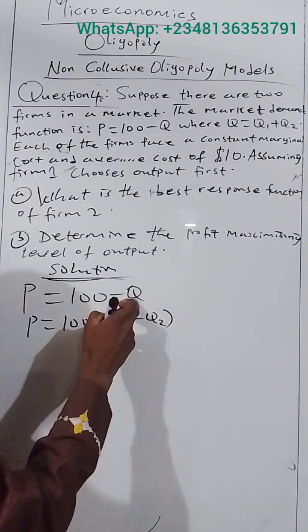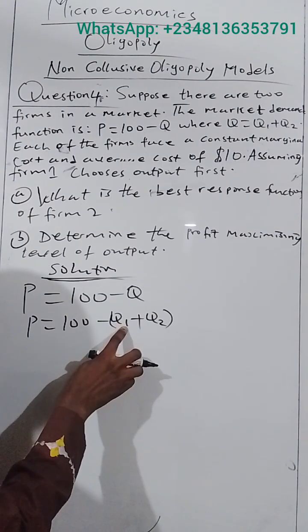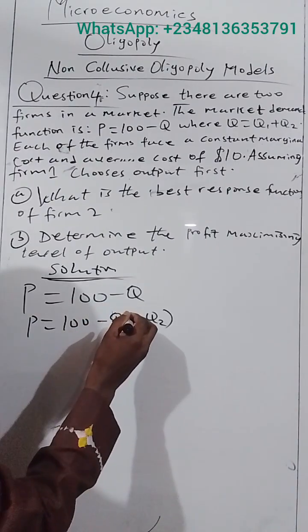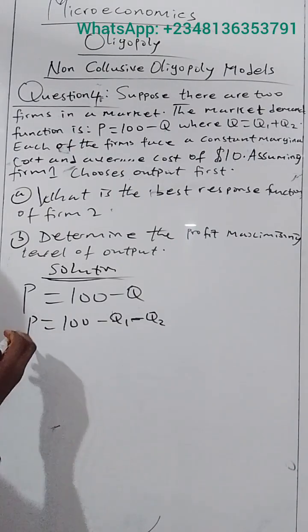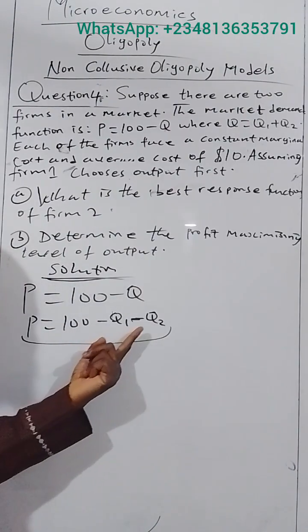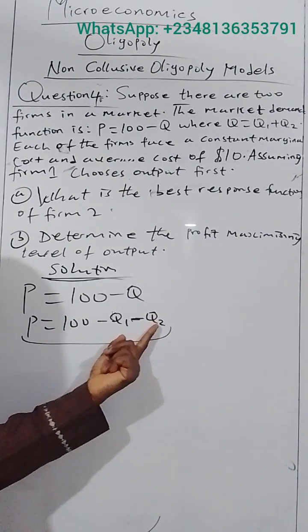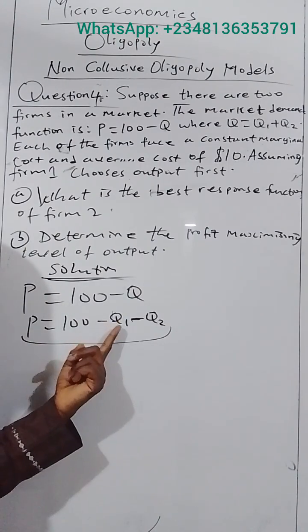For example, plug it here, this is plus. By the time you expand this, minus times Q1 becomes minus Q1, and minus times plus becomes minus. That's how we got minus Q1 minus Q2. Hope you understand that. So this function is what we call the residual demand function, because from this function we can see it as removing the output of firm 1 from the total demand, or removing the output of firm 2 from the total demand.